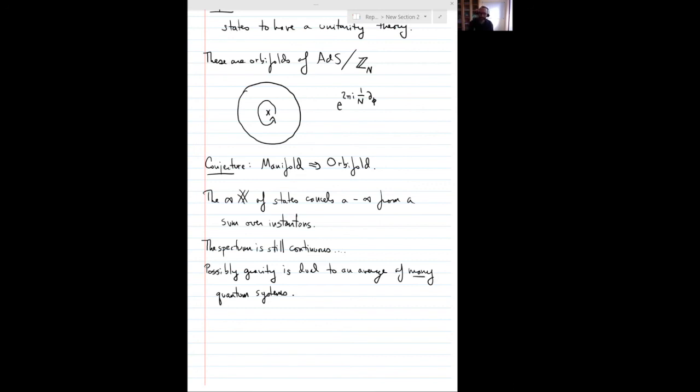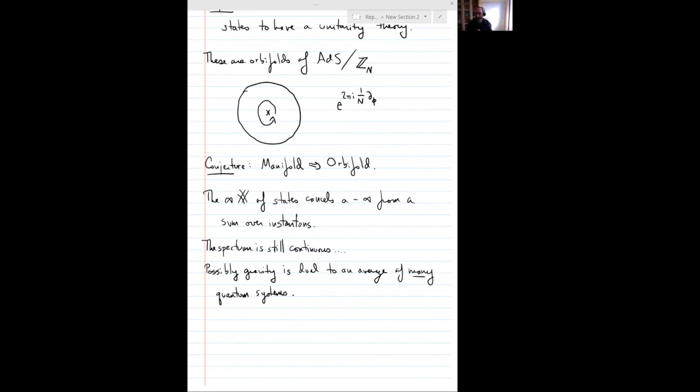There's a beautiful story, due primarily to Eynard and Orantin, relating these integrals over moduli spaces of Riemann surfaces to n by n random matrix integrals.